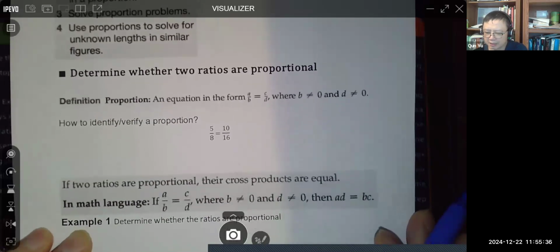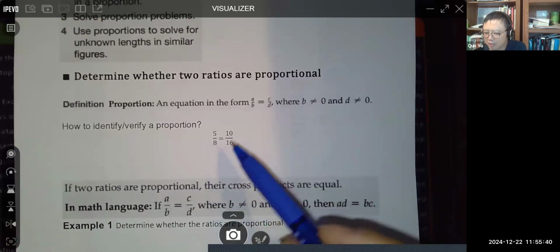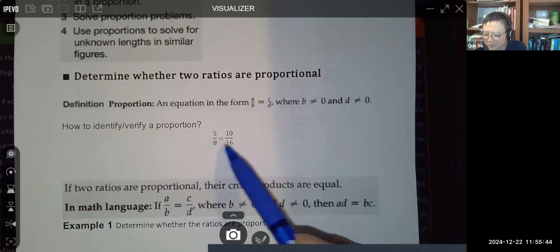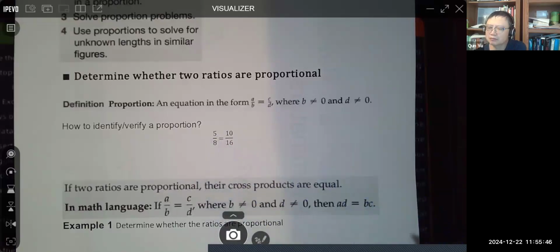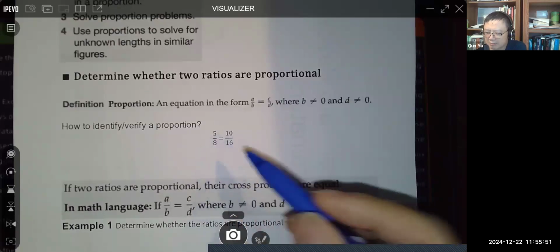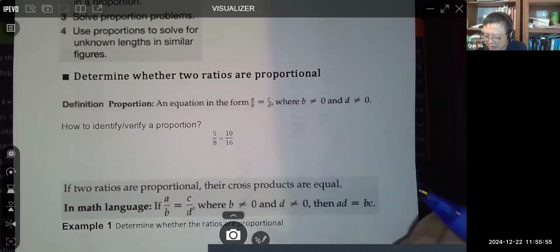Now, how do we identify or verify we have a true proportion? Actually, it's very easy to do. Since the requirement to be a proportion is that 2 fractions are equal, you have 2 different ways to do that. One way, using this one as an example, is to reduce one fraction to see if they are equal or not.